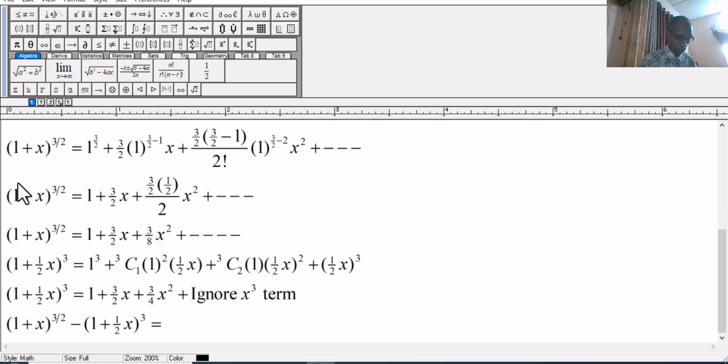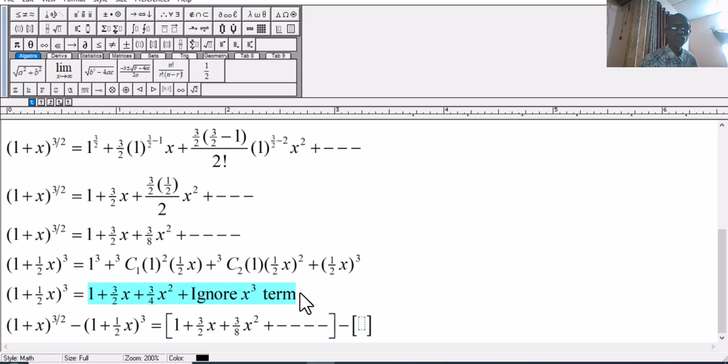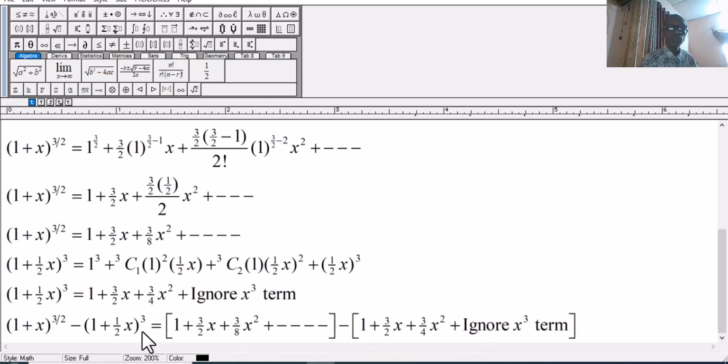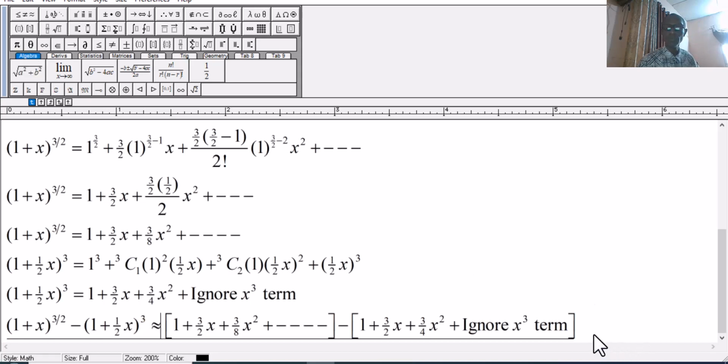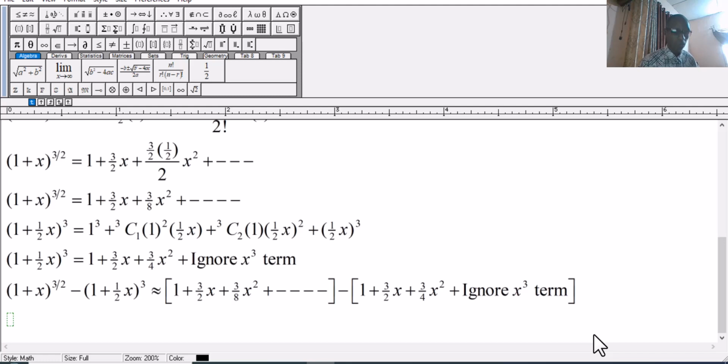So equal to, I need to write this out, minus, and I copy this also. I'm going to have an approximation, since I'm ignoring certain terms. So what we have now, let me copy this.